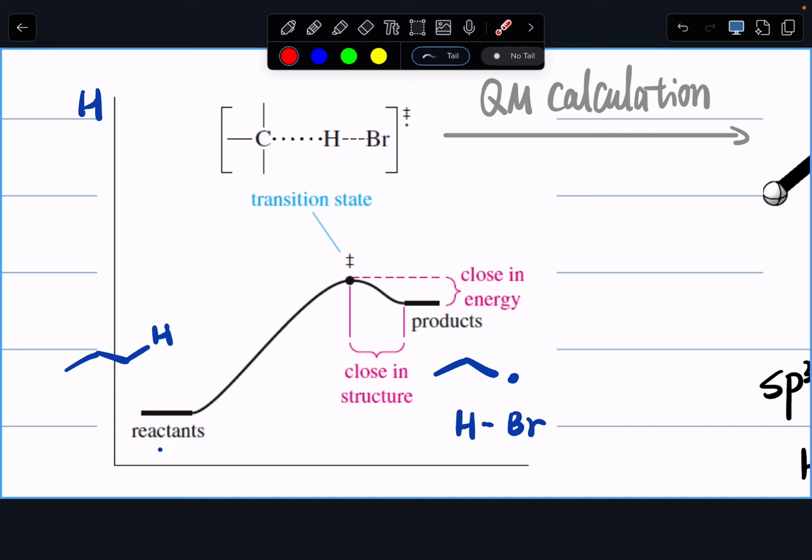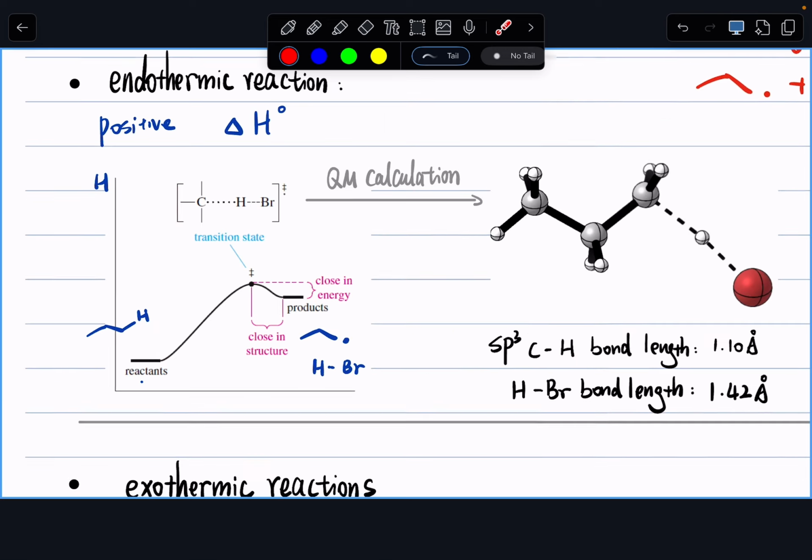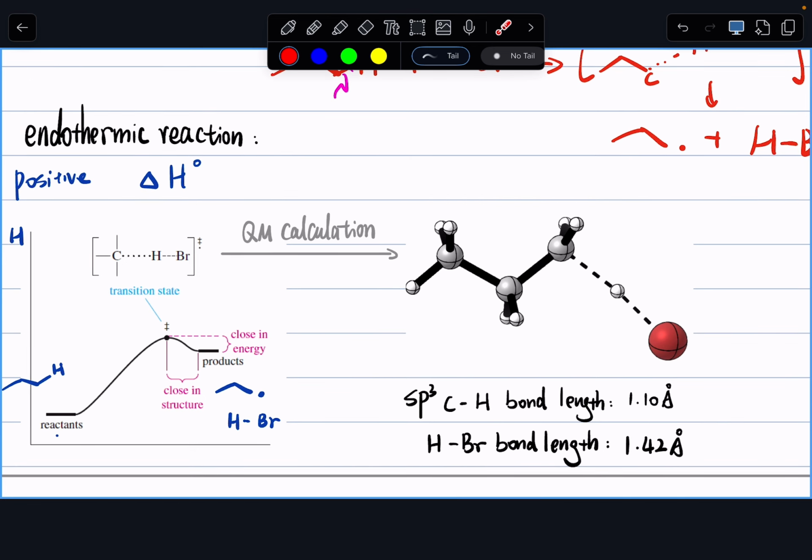Using the Hammond postulate, we can propose that the transition state will also be closer in structure to my product.